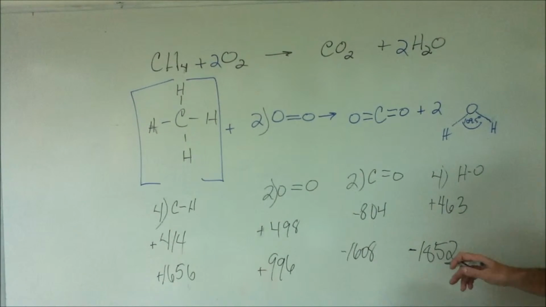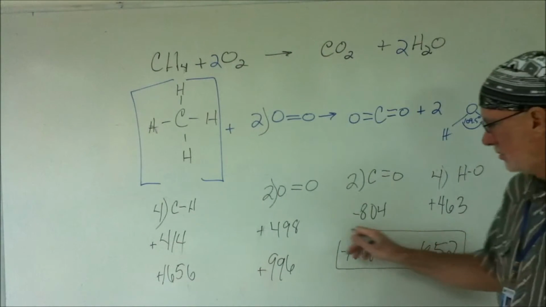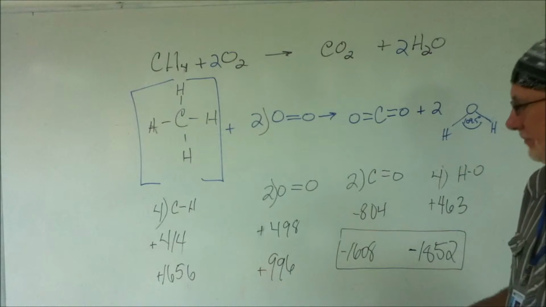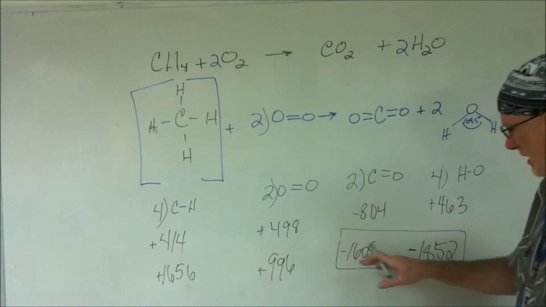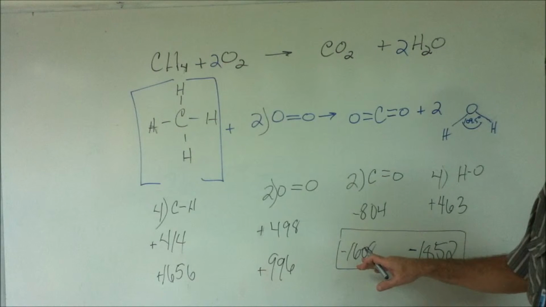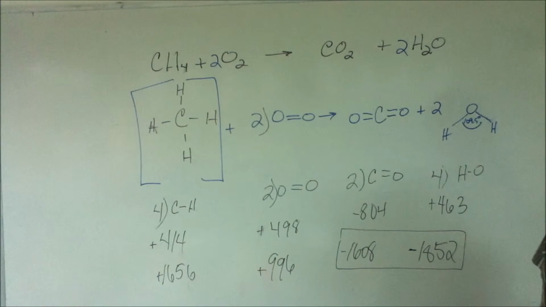So then, what's this sum here? What's that sum? And am I still on the camera? Yeah, you are kind of out of frame, but this is all in frame. Okay, good. So what's this sum here? 1608, excellent. 1852, two good years. So what would that be?